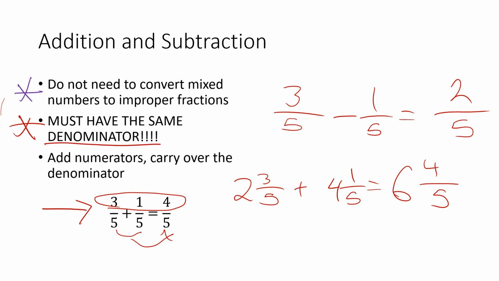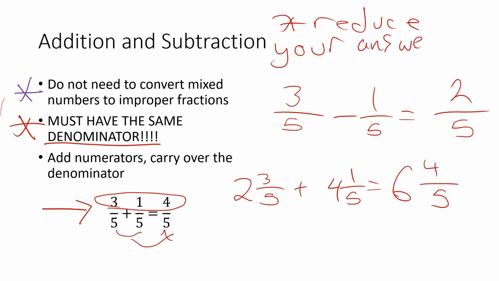Now the same rule holds true for adding and subtracting as it did for multiplying and dividing, in that you want to make sure that you reduce your answer. That problem has to be reduced down to its lowest fraction in order for you to get credit for it on your homework. And also, it's good practice.